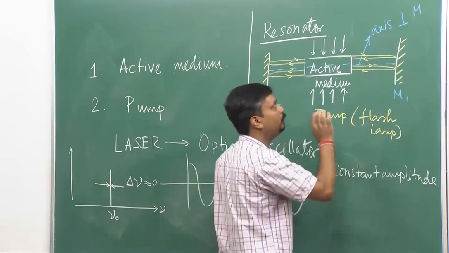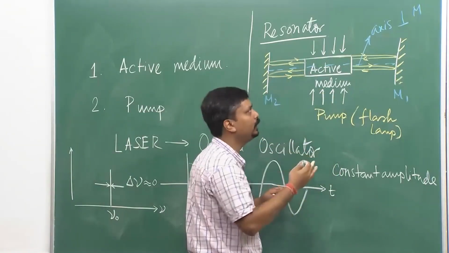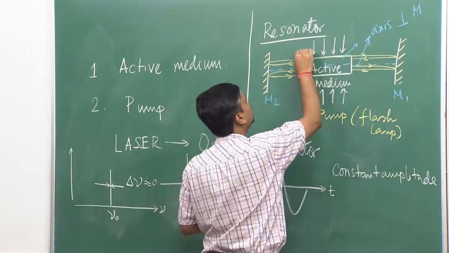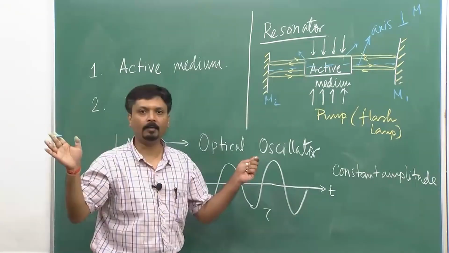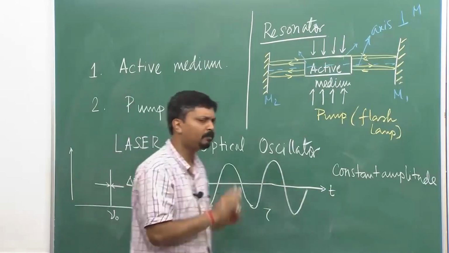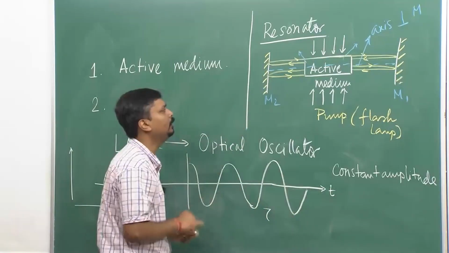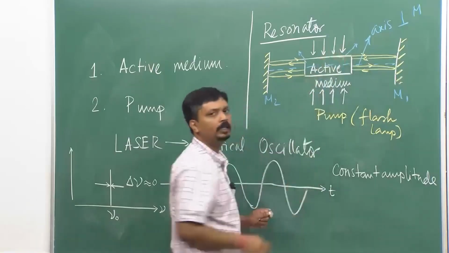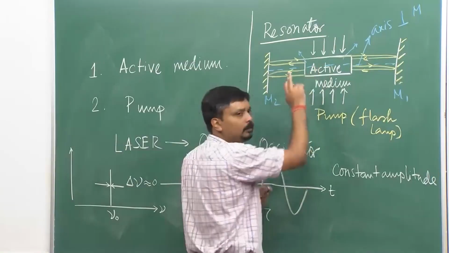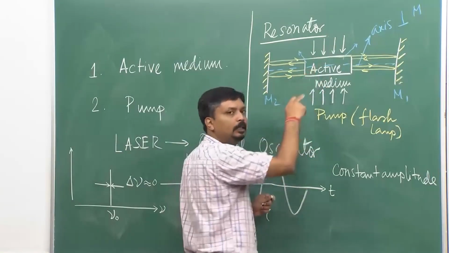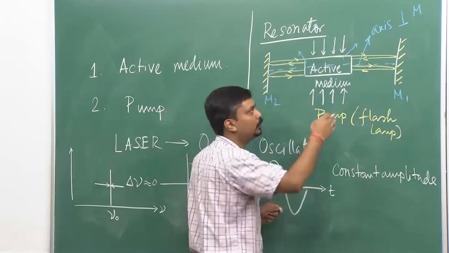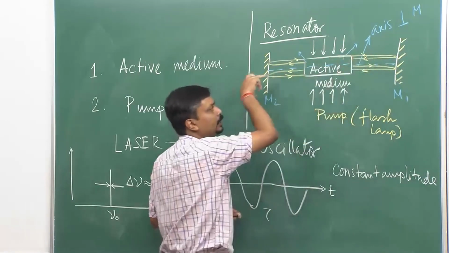Those photons coming out of spontaneous emission but off axis, suppose they are going in this direction, they are going out of the cavity, they are lost, okay, and we do not really care much about that. Maybe a little we will talk about that later. So these off-axis spontaneous emissions are going out, so I am not capturing them, and the other photons coming out of the spontaneous emission trigger stimulated emission, and those photons are also going along this axis.